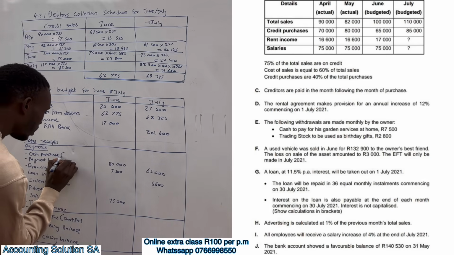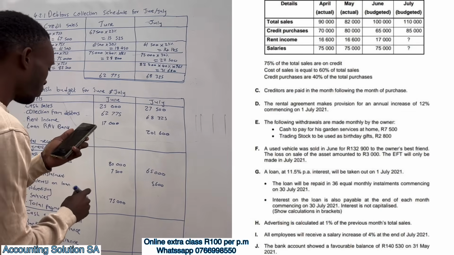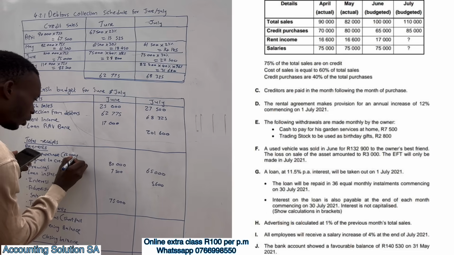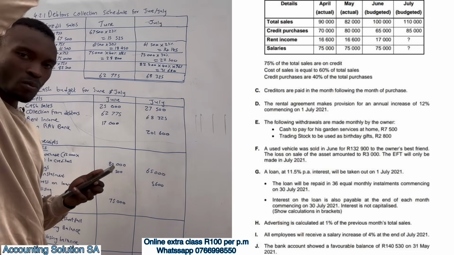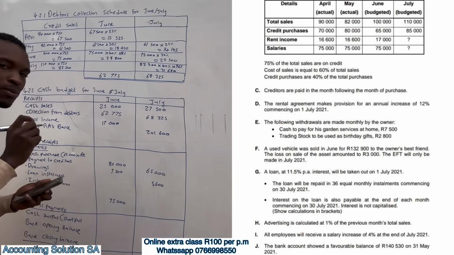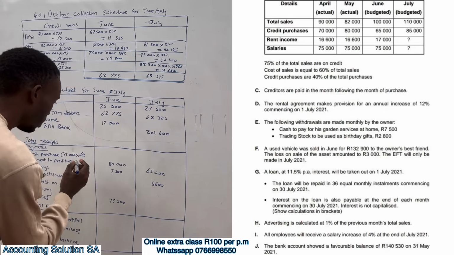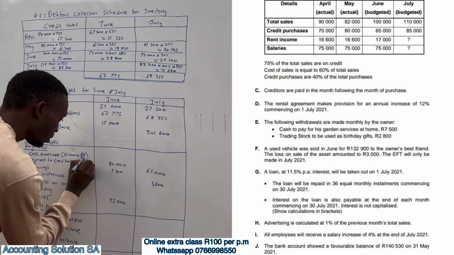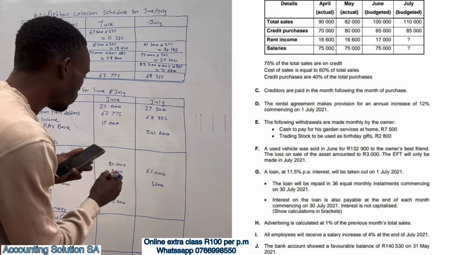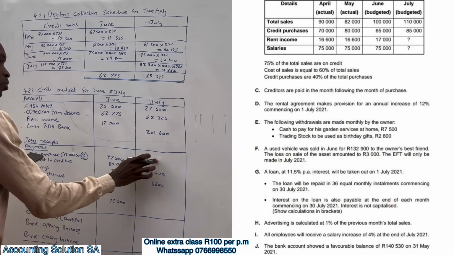For June, we take a June amount, which was 65,000, which we multiply by what we want on top. We want cash purchase, which is 60%, and what we have is not 100%. We have a credit purchase, which is 40%. We divide by 40%. Okay, which is going to give us an amount of 97,500.